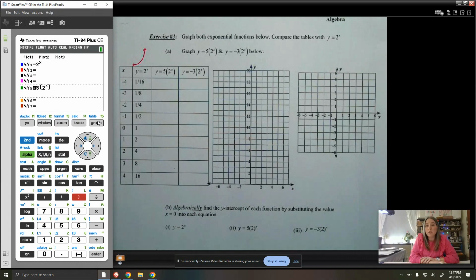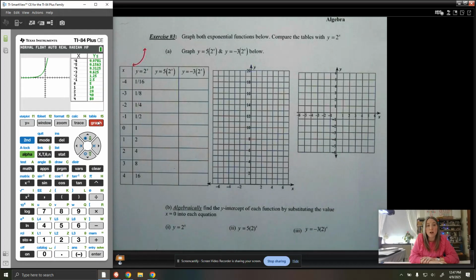So I'm only going to see the 5 times 2 to the x power when I press graph right now. But you will see from this, the asymptote is still the same, but a lot of other things have really changed. So I'm on the graph right now and I'm on -6 as an x value. But if I arrow down, you can see, oh boy, I do not have the same y-intercept.